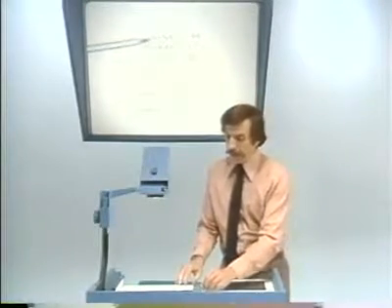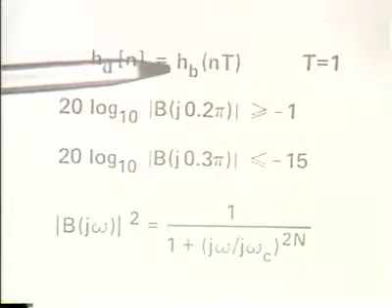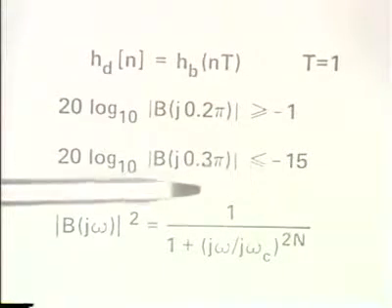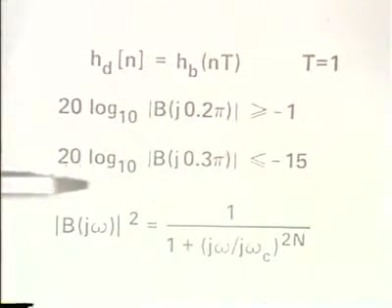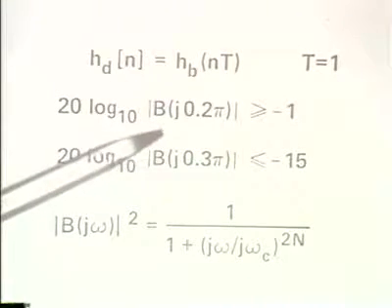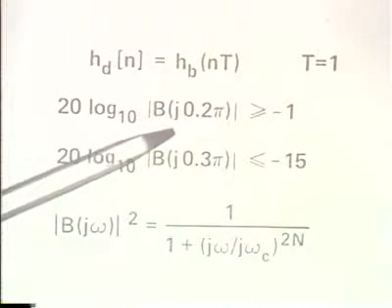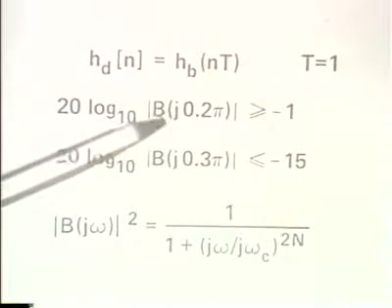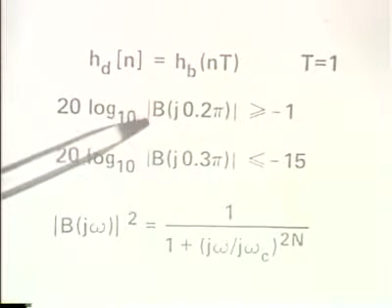And so now we want the analog or continuous time specifications. And so what we need to do then is design a Butterworth filter. I'm using capital B here again to denote the frequency response of the Butterworth filter.